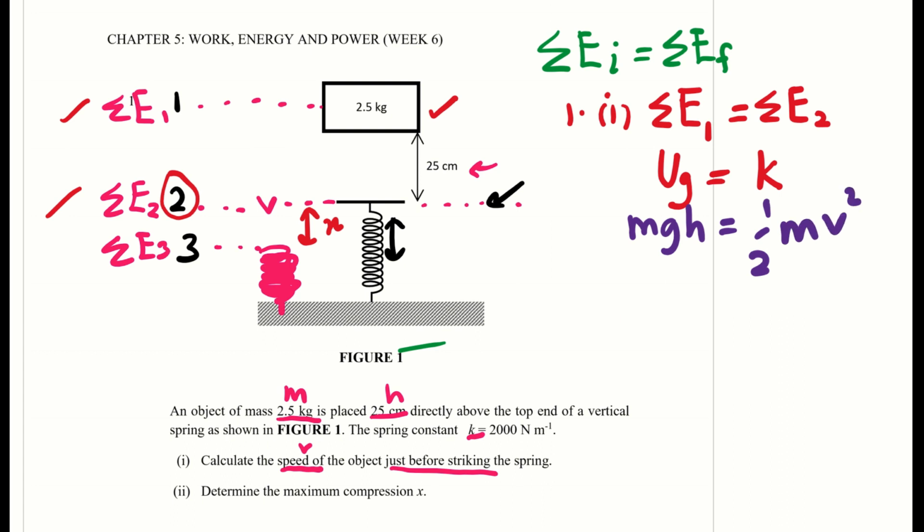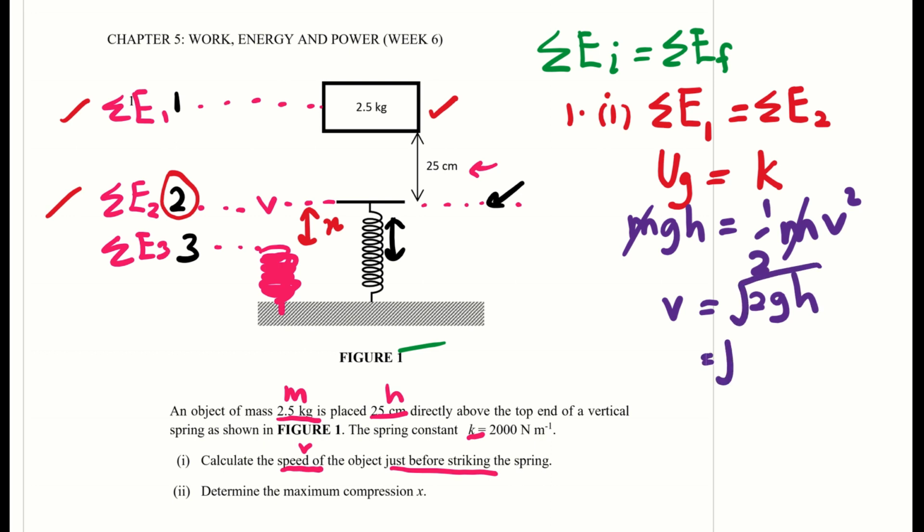You can see we have m on both the left and right, so we can cancel it out. Now we want to get v. So v is equal to the square root of 2gh.